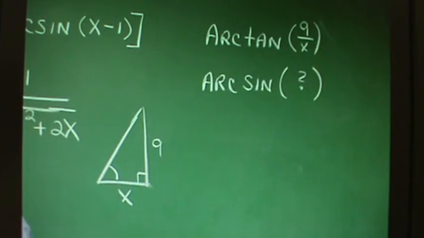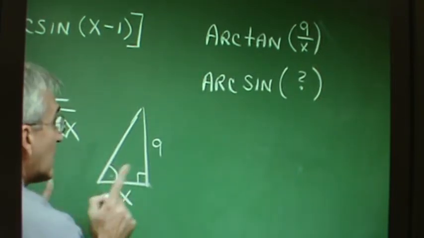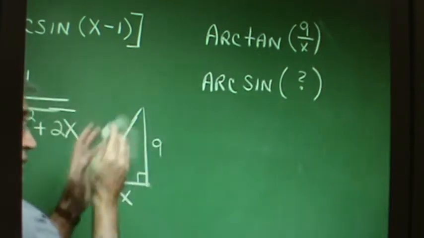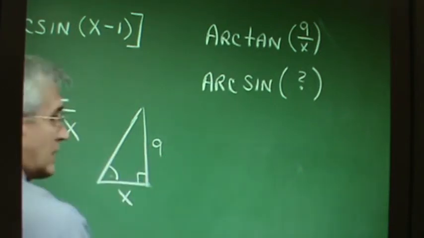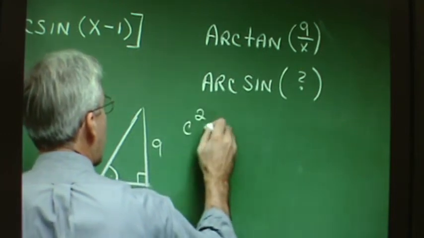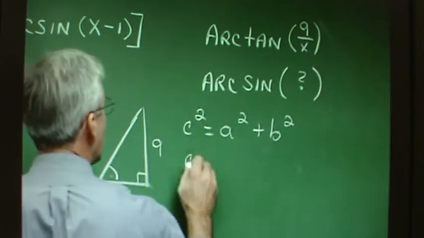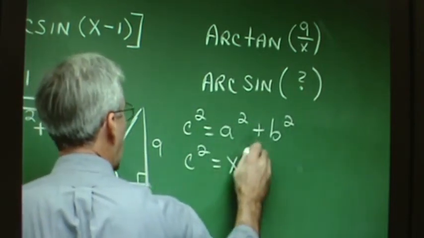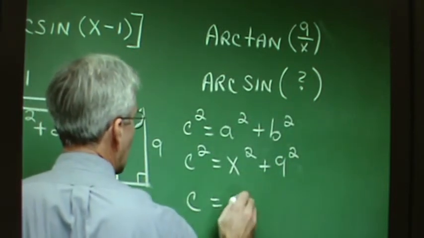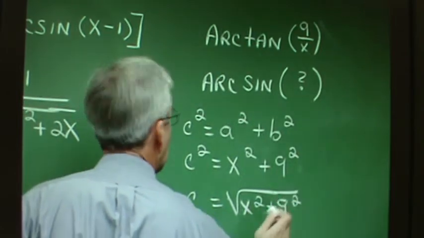And now if we want to make the request for the same angle using sine, that is using these 2 sides in a ratio, you see, then we have to find the length of that side. So let's see, we're looking for the hypotenuse here, so c squared then is x squared plus 9 squared. C then is the square root of x squared plus 9 squared.